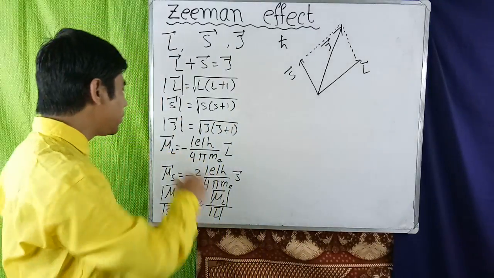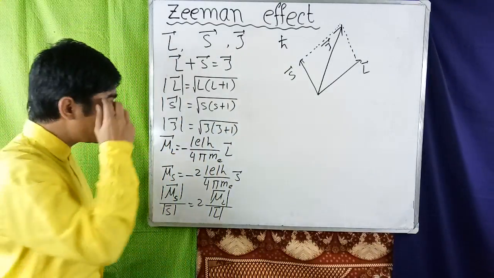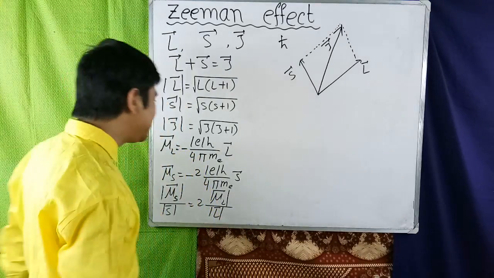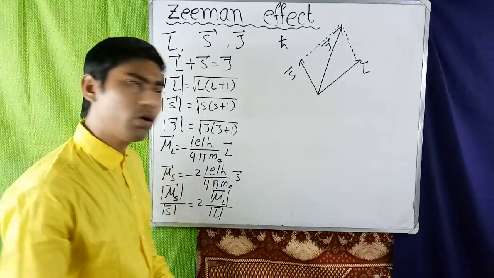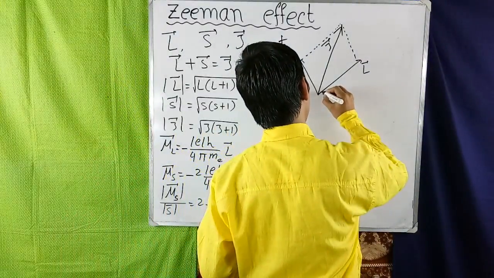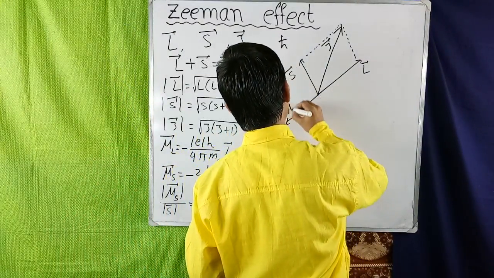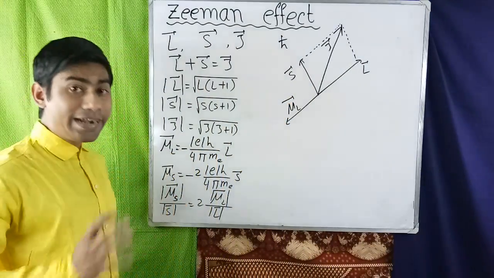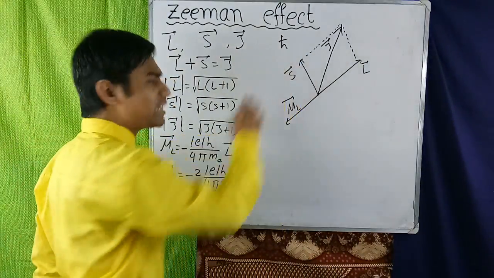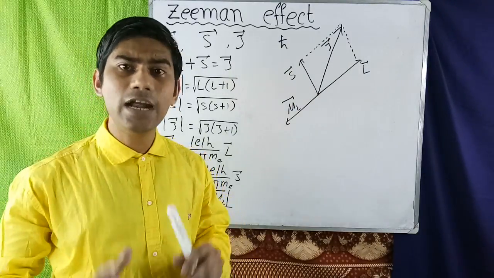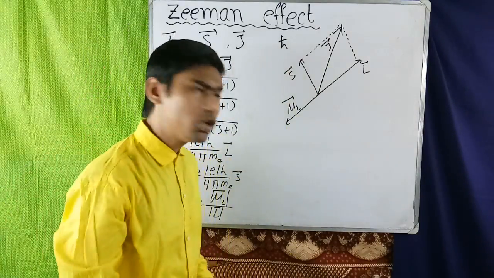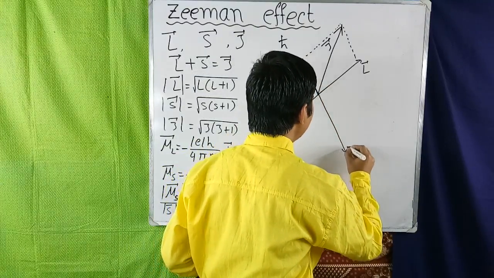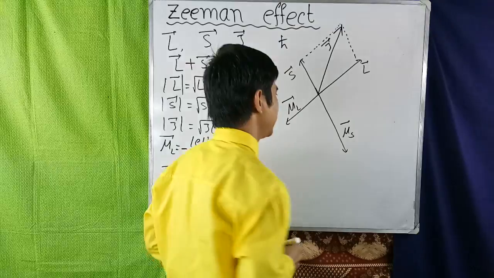Now we draw mu l vector and mu s vector. Okay. Now mu l vector has the same magnitude but opposite direction as that of L vector. Okay. So this is mu l vector. Now mu s vector has magnitude twice that of S vector and in a direction opposite to the S vector. So this is mu s vector. Okay.